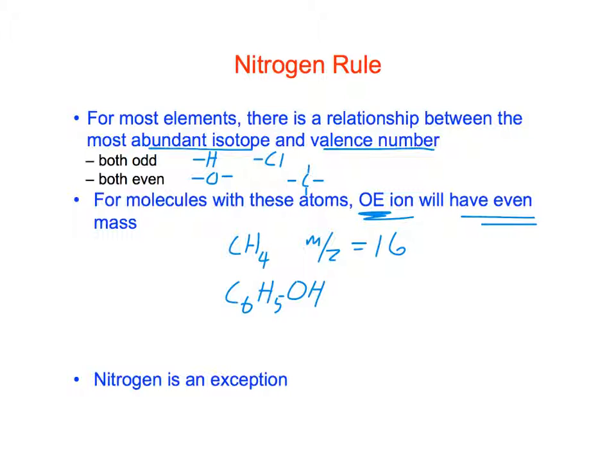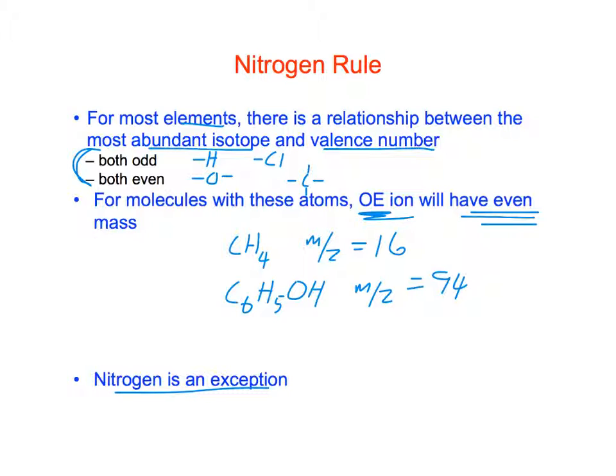We add that all up, mass to charge equals 94. So usually for all of the elements that fit this pattern, we will always get an even mass for an odd electron ion, or the molecular ion.